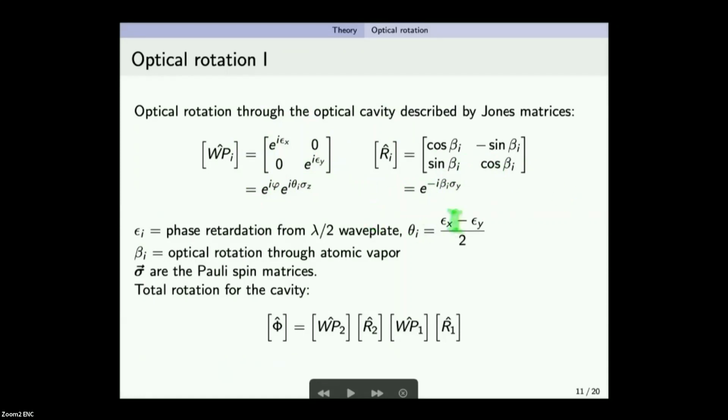And this term theta here, which is just the retardation from the wave plate components, just determines how much the polarization of the light is rotated. And this is the total rotation. So you go through cell 1, then the wave plate, then cell 2, then the wave plate, and that's the final rotation of the whole system.